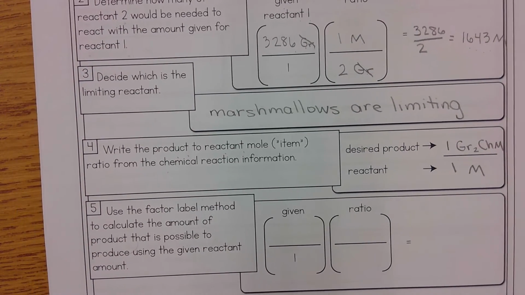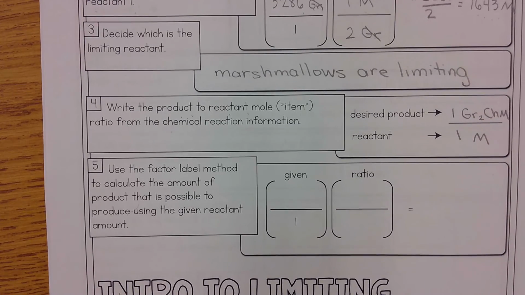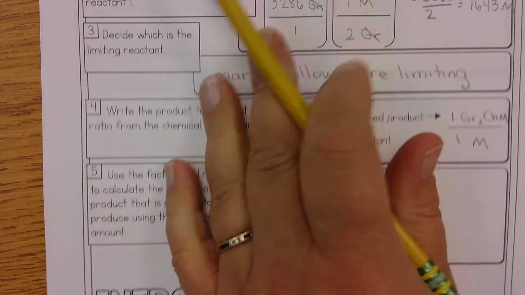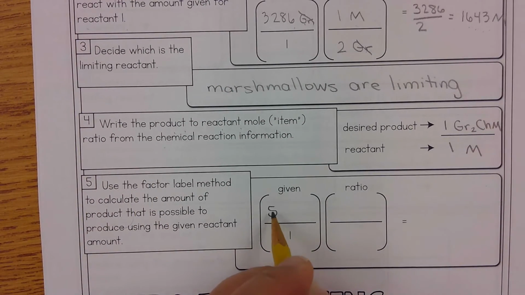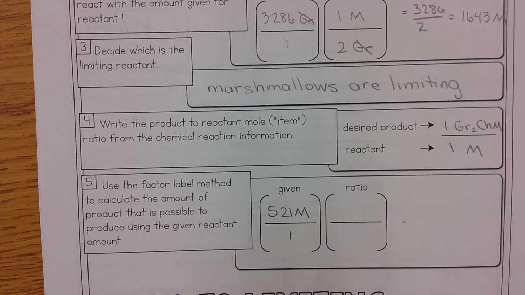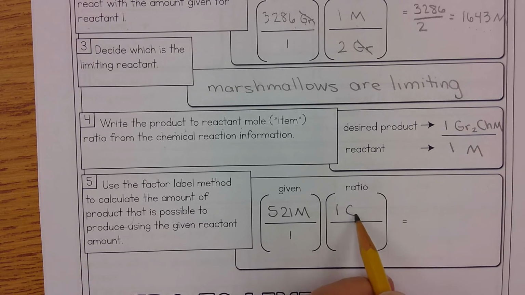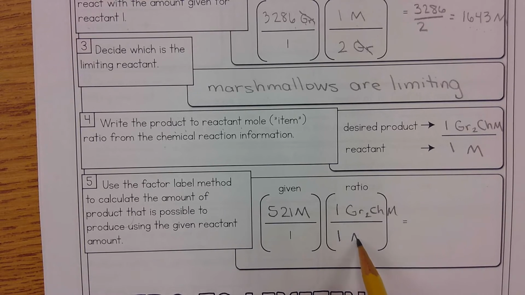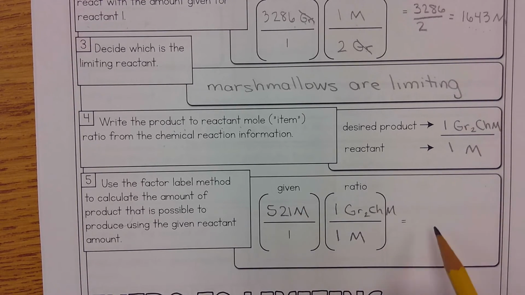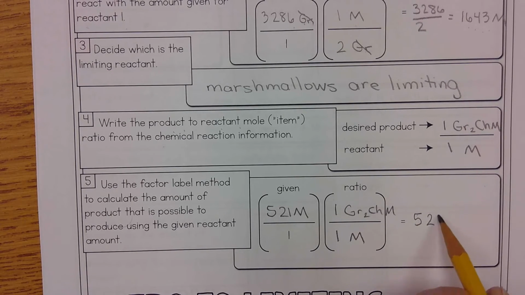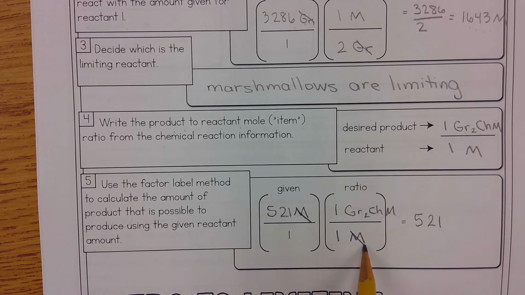Now I have to figure out how many s'mores I can make. Super easy, but we'll write it down anyway. Remember, I only have 521 marshmallows. The ratio is 1 s'more to 1 marshmallow. Multiply, divide, all of these are 1s except for that one. So 521, and the marshmallows cancel.